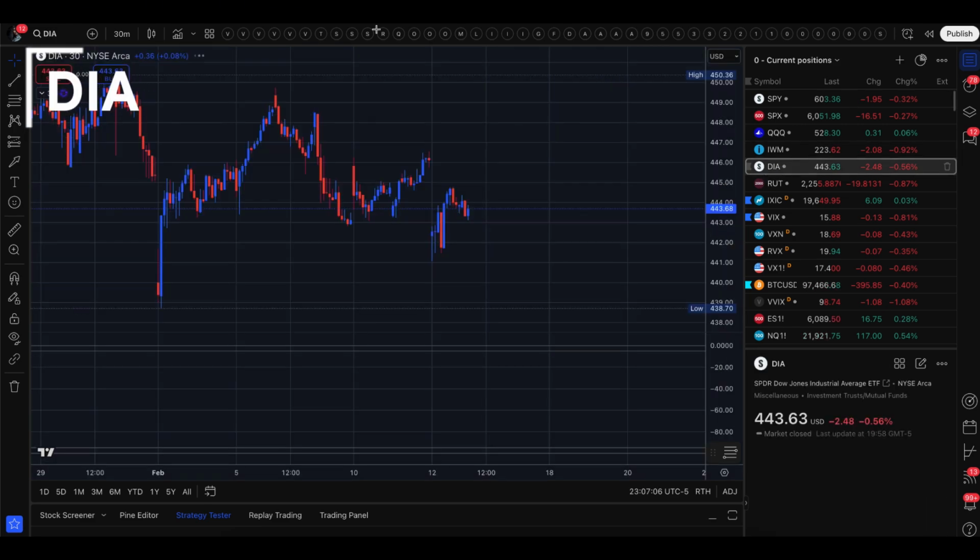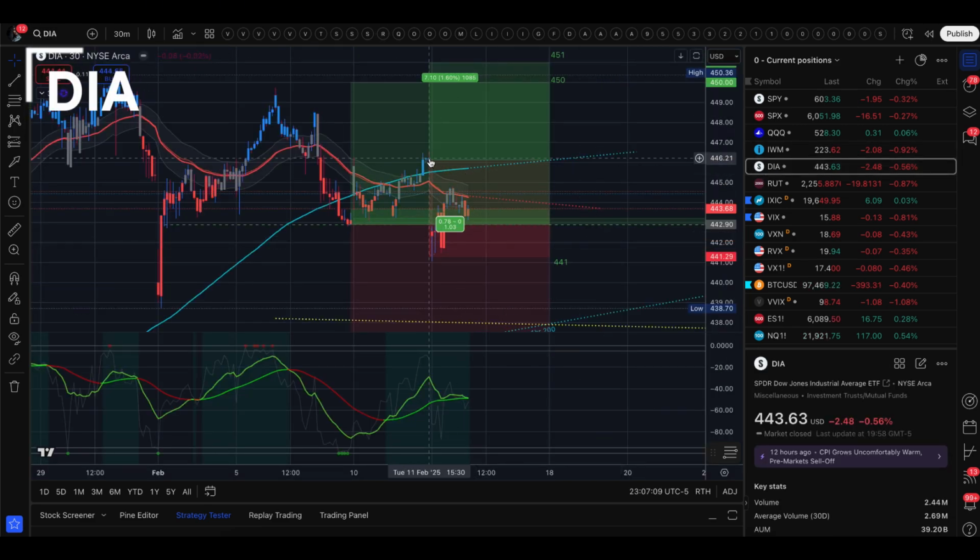And lastly, DIA. So DIA opened with a big gap down, and you could see this week so far, we did see that close above the 30-minute 200 moving average, but the 35 EMA was underneath it. That is a bearish signal, and we got a follow through with that gap down.